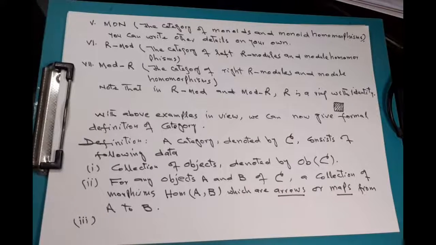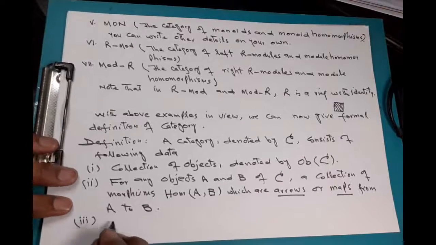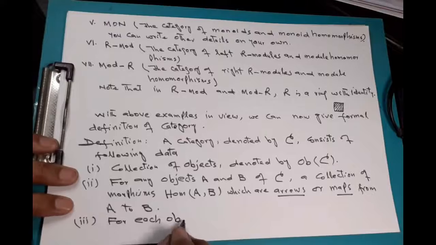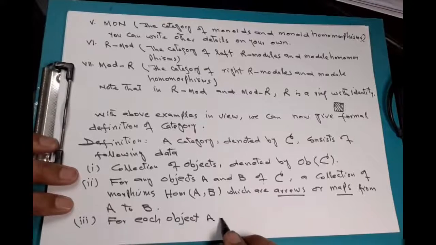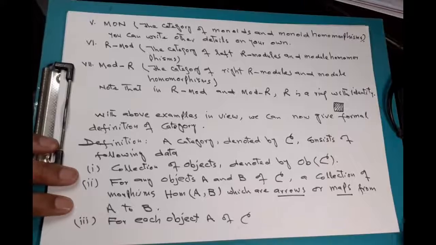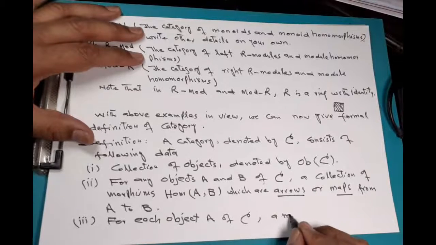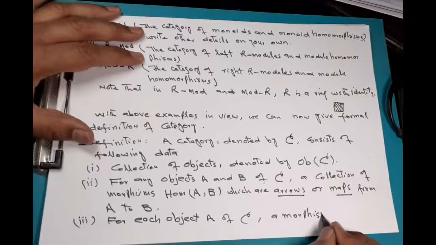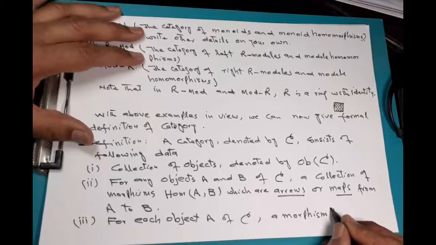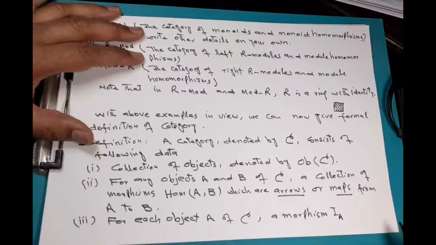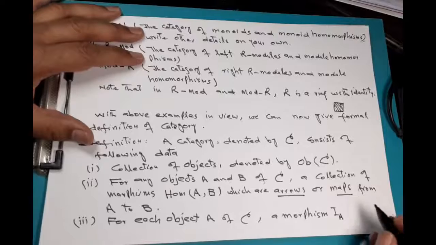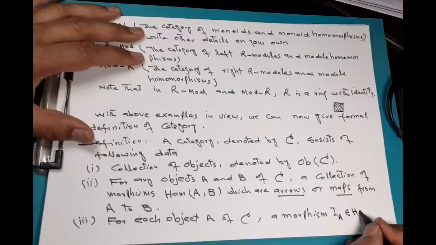And then thirdly, and you know what we are going to say now, for each object A of C, a morphism, identity morphism from A to A. You know that we are going to write this morphism as I subscript A. So this will be a morphism which will belong to hom AA.